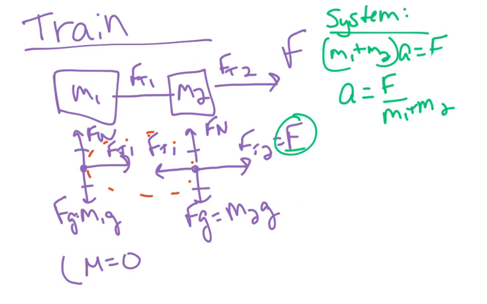So if you needed tension 1, all of these blocks are going to have the same acceleration. So this has the same acceleration as M1, and they have the same acceleration as the whole train. There are very few situations where you have a block accelerating faster than another block that are attached to a string, and we'll look at one of those probably as we review for the test. So that's how I can get my acceleration.